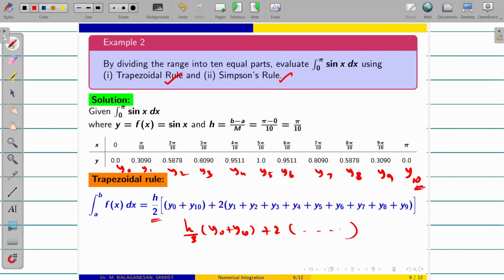What will happen here? If you're inserting it in your calculator also, you have to add Y0 plus Y10, divide by 3, multiply by H, and then plus 2 into everything. So this term is only applicable for this. That's the meaning here. So while you use the formula, check the brace carefully.